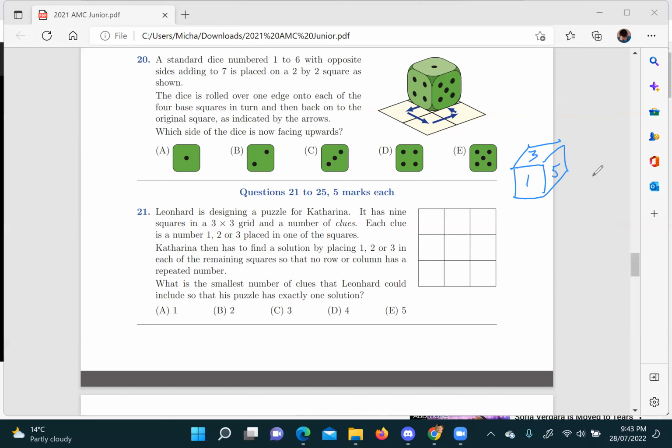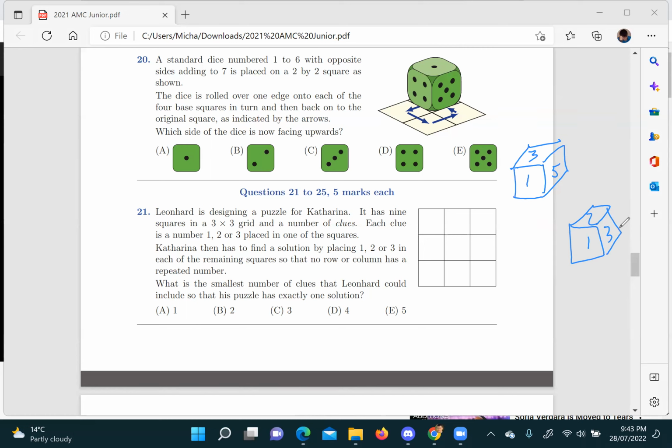And then when it flips again, the 5 goes down the bottom, yeah. The 1 stays on the outside. So it's a 1 with a 5 down the bottom, which means there's a 2 at the top. And it's a 3 showing that way.